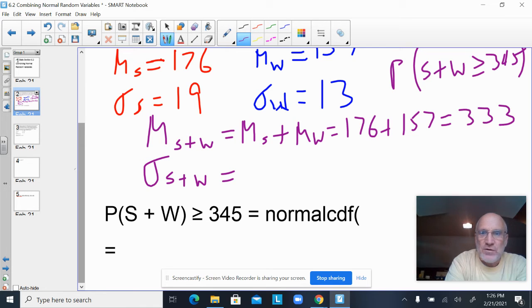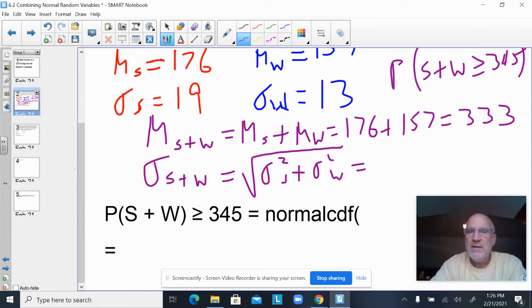So I first find the variance, which is sigma squared S plus sigma squared W, and then I need to square root that. So it's remembering that the variances add, not the standard deviations. The problem's not going to give you the variance, although it's just the standard deviation squared.